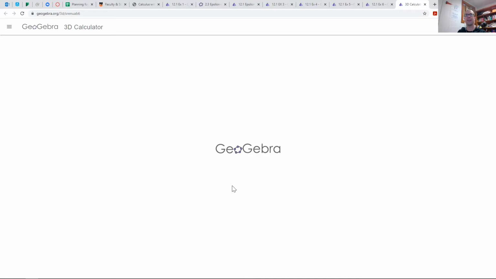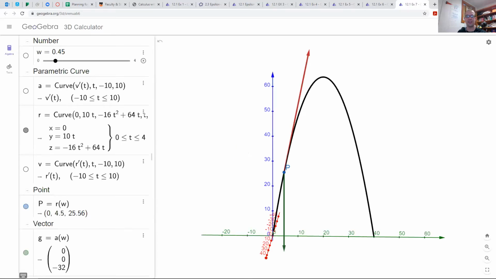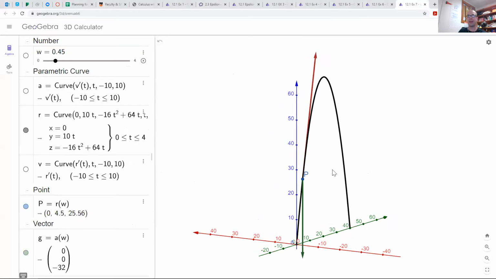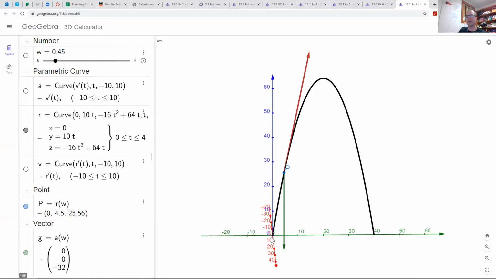And actually, what we did solving for these antiderivatives in a general sense gives us plenty of options, more than just finding the position of the ball at 2 seconds and 4 seconds. We can find it whenever we want, because all we have to do is put in a different t value. But anyway, here we go. We've got the position curve in black.